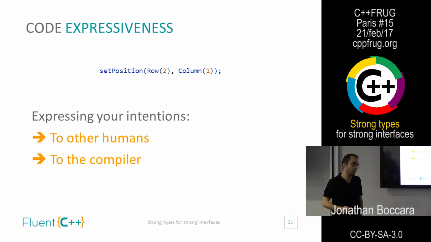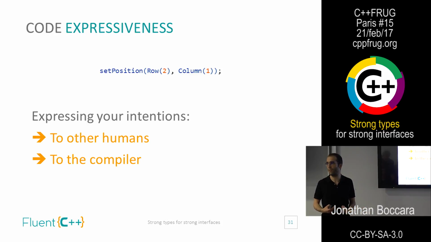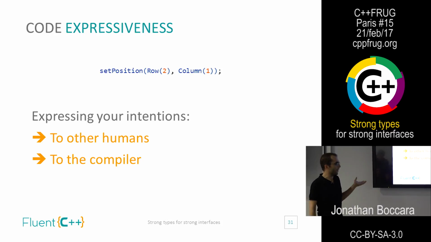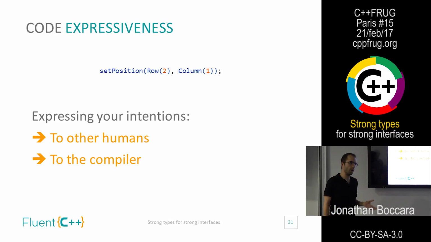And the other one is the compiler itself. It's a good thing to express our intention to the compiler, because the compiler can stop us if we do something that's different from the intention that we stated before. So that's the thing about expressiveness, and strong types are a powerful tool for striving for expressiveness.